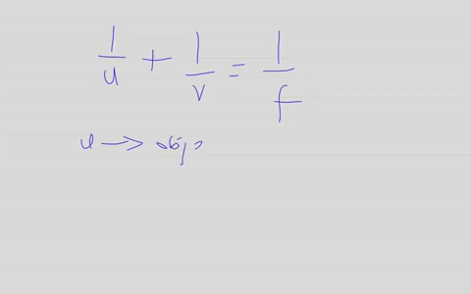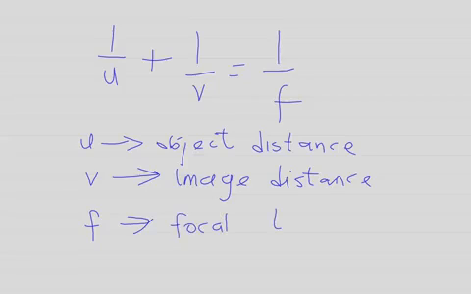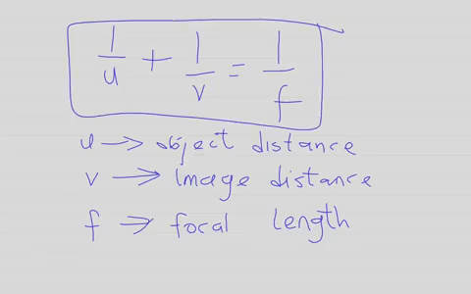Now we also look at this equation, where U is object distance, V is image distance, and F is the focal length. Take note of this. F is equal to R over 2, where R is the radius of curvature.